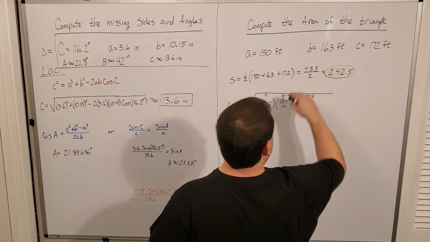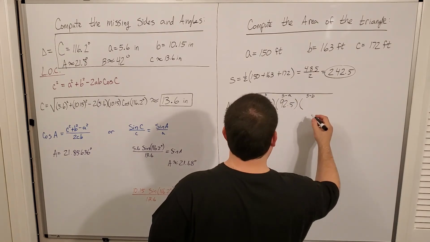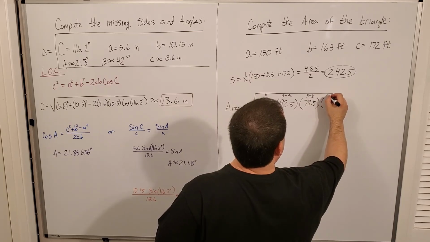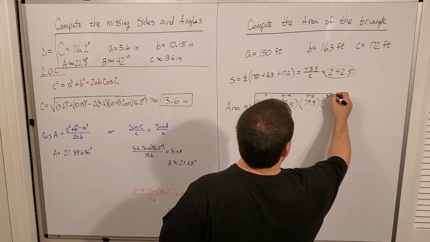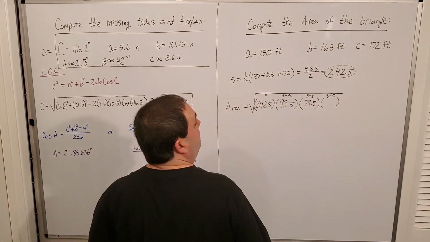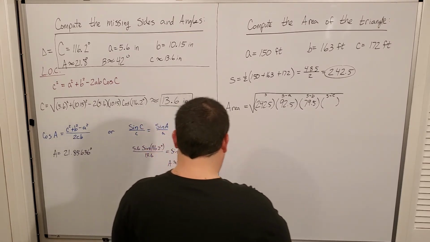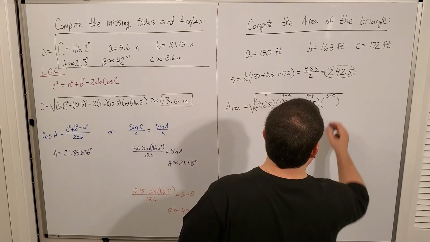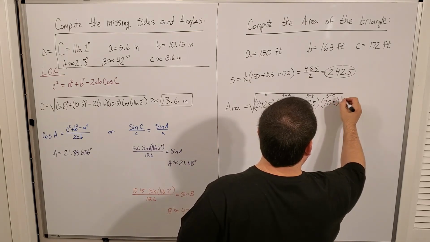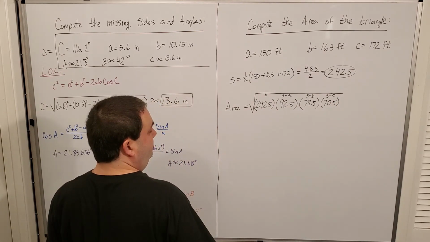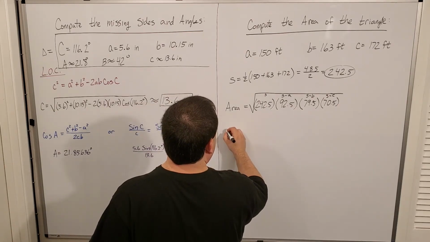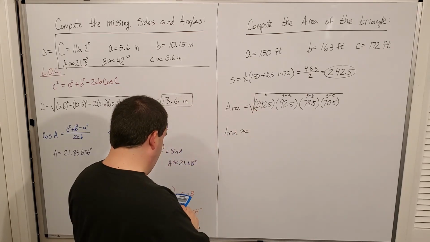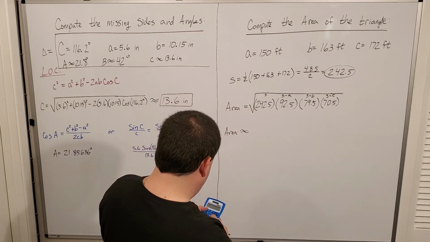So 242.5 minus the 163 gives me 79.5. And then lastly, S minus C inside of my square root here. 242.5 minus 172, 70.5.